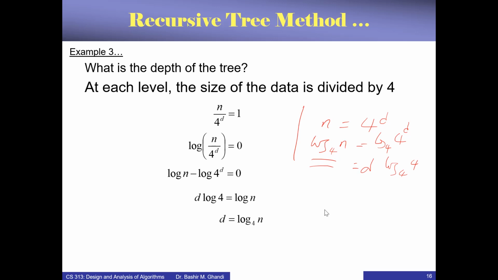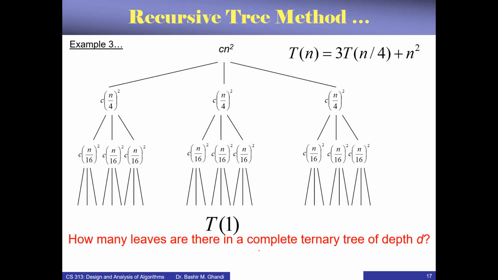Of course, we know that in the last level, we will have T(1), which is obviously constant. So the issue is not the T(1) itself. The question is how many of it are we going to have? How many leaves? Each leaf will cost T(1), which is constant. But the number of leaves may depend on n, so we cannot rule it out as simply a constant. We have to evaluate it and see. So this is what we are trying to do here.